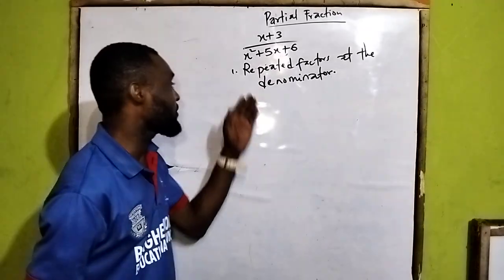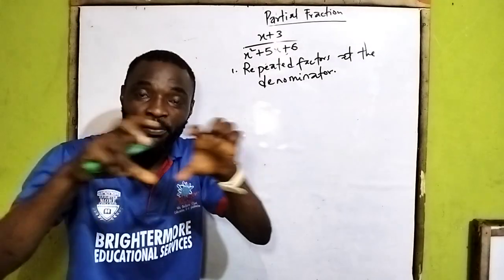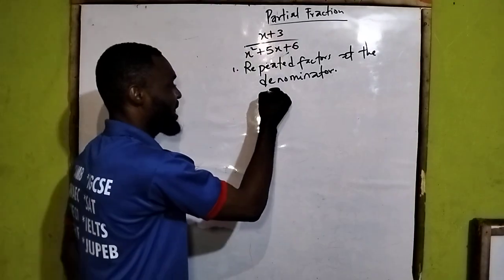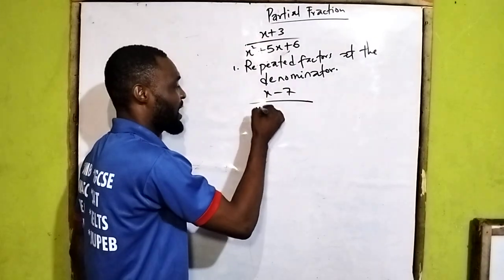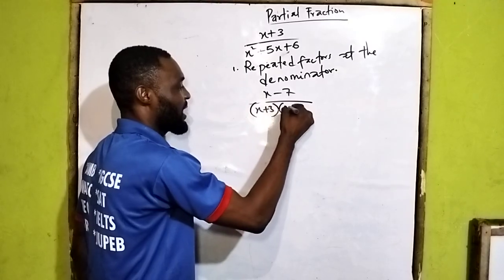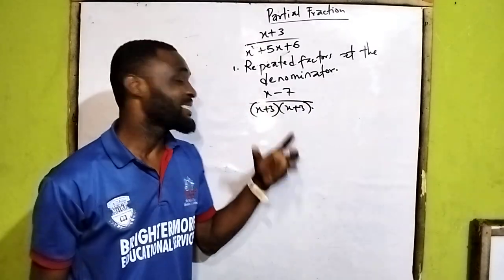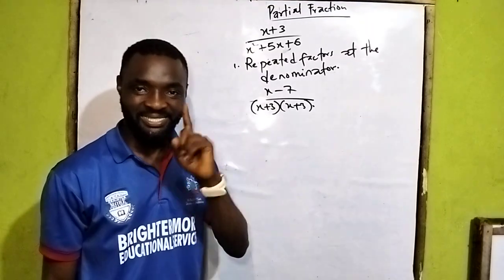When you have this kind of partial fraction, it means that the factors at the denominator are repeated. Example, if I have x minus 7 over x plus 3, x plus 3. This is an example of repeated factors at the denominator.